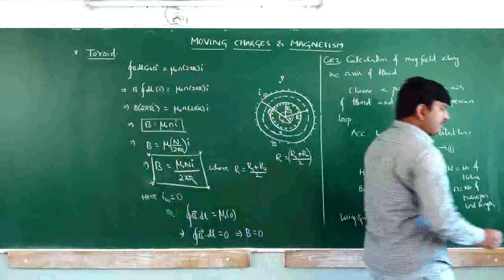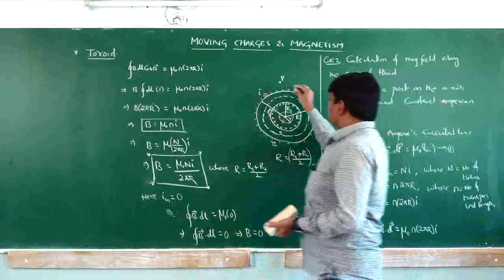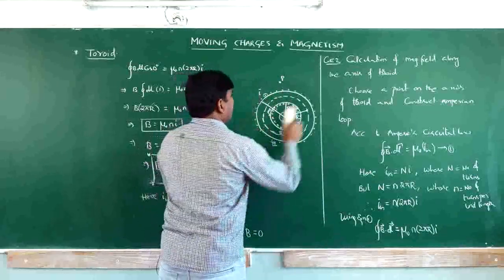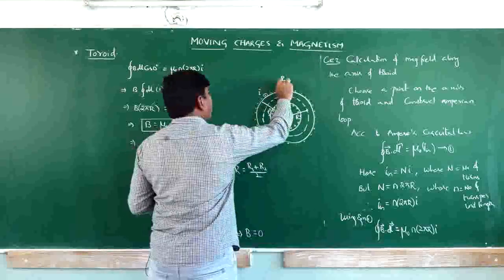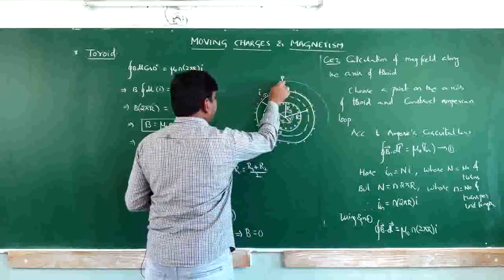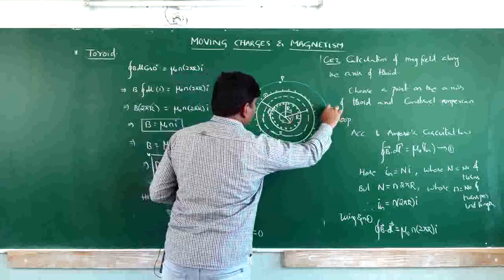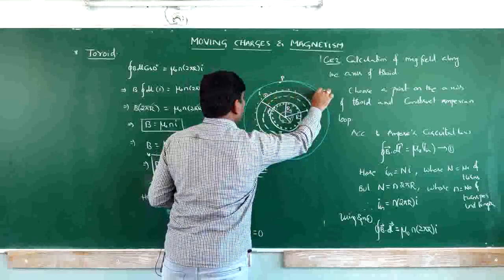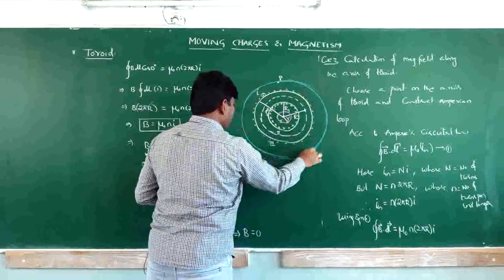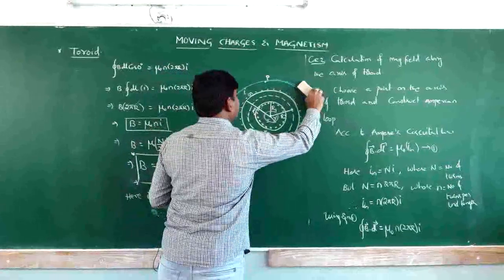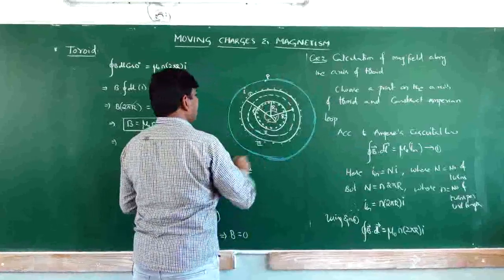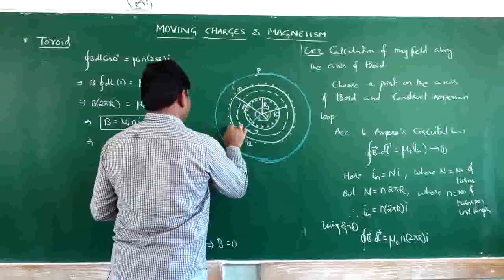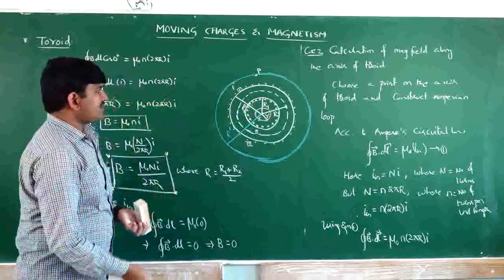Then construct an Amperian loop passing through this point, whose radius is equal to some r dash. Now, what is the magnetic field?